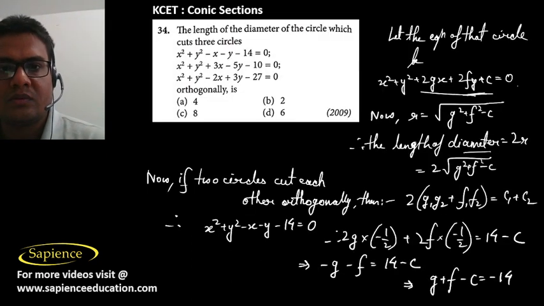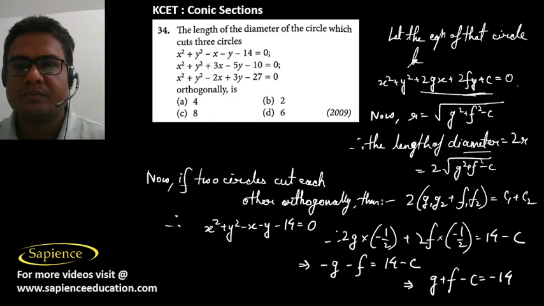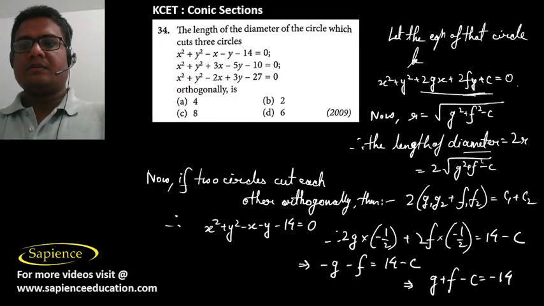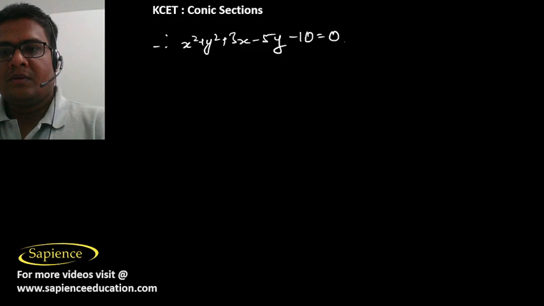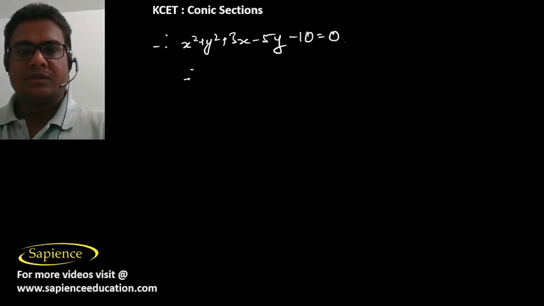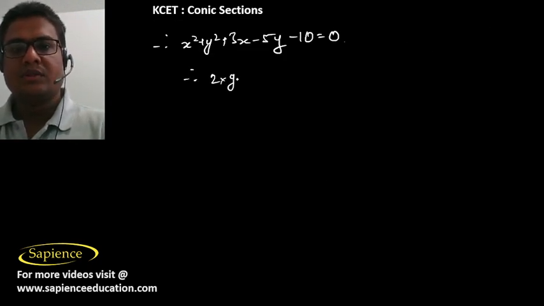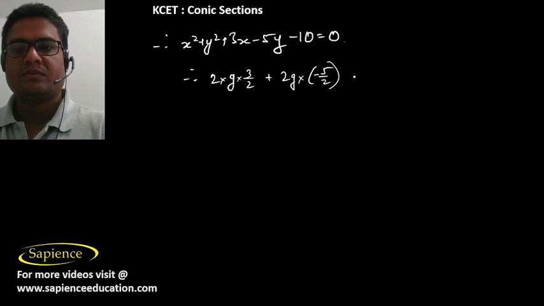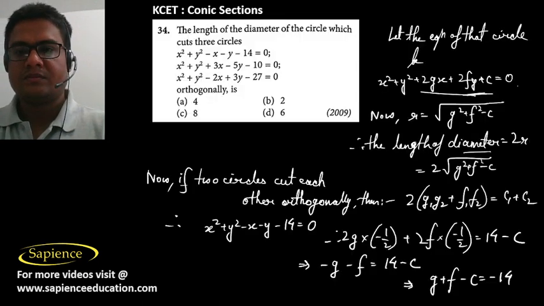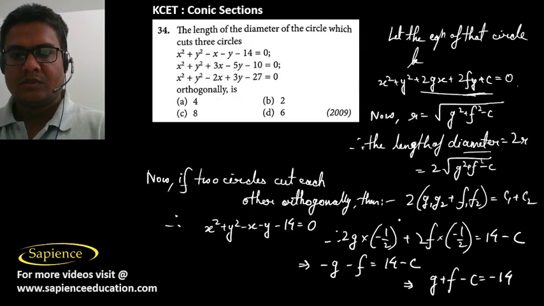So this is also orthogonal to this circle. Now therefore we can say that 2 into g into 3 by 2 plus 2 into g into minus 5 by 2 is equal to c1 plus c2.